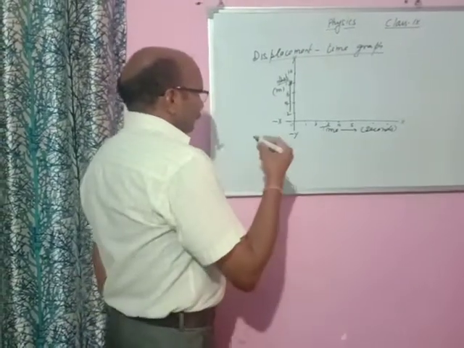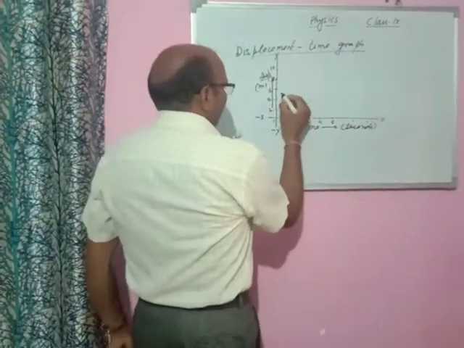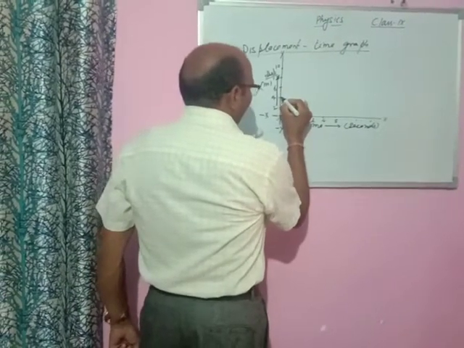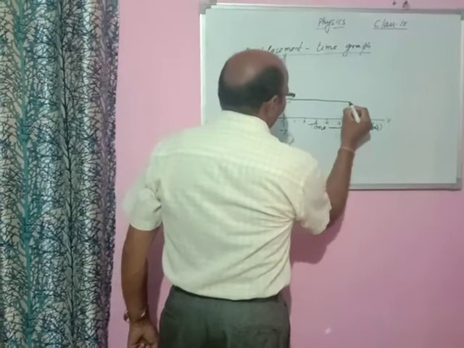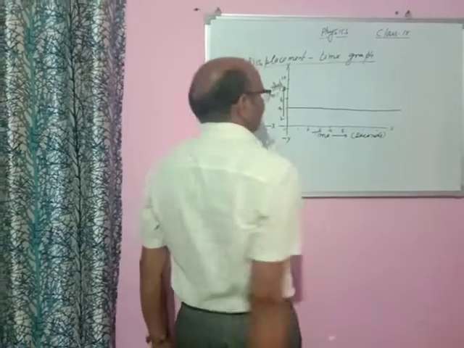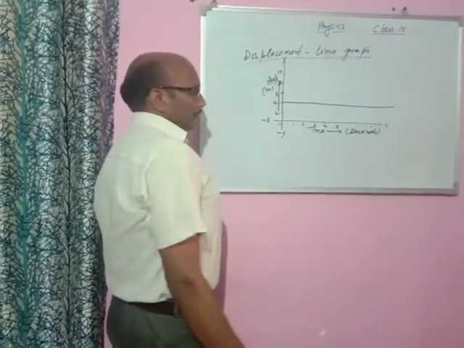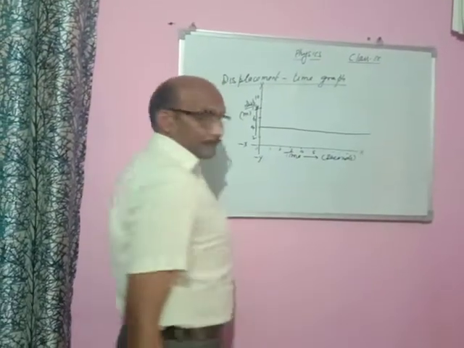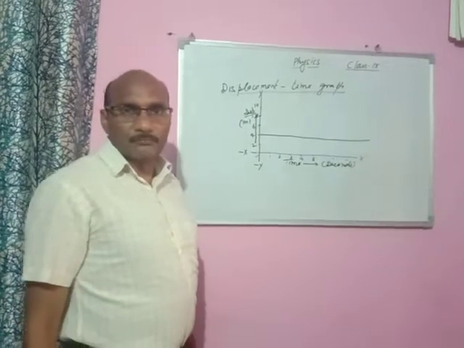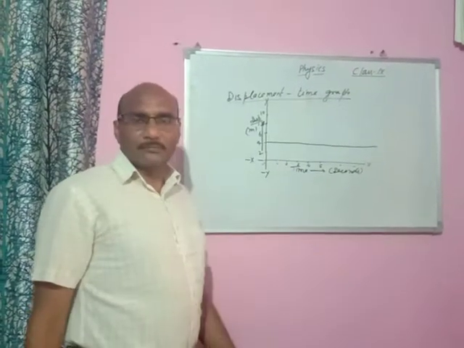Case 1. When the line of the graph is parallel to x-axis. This is graph. Displacement time graph. This is line of graph. What this line shows?